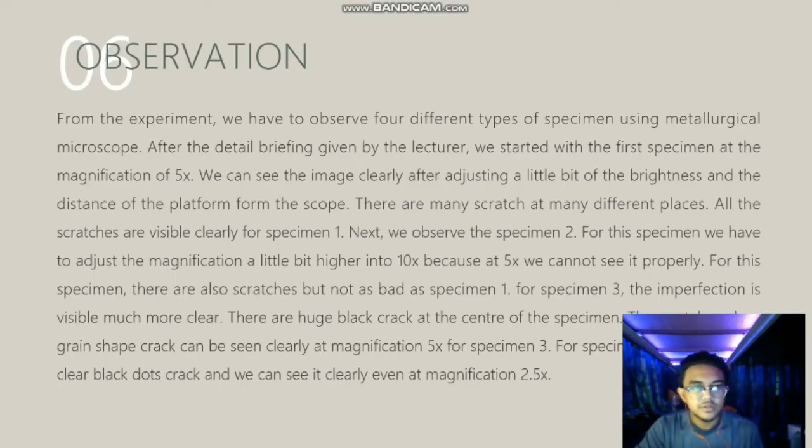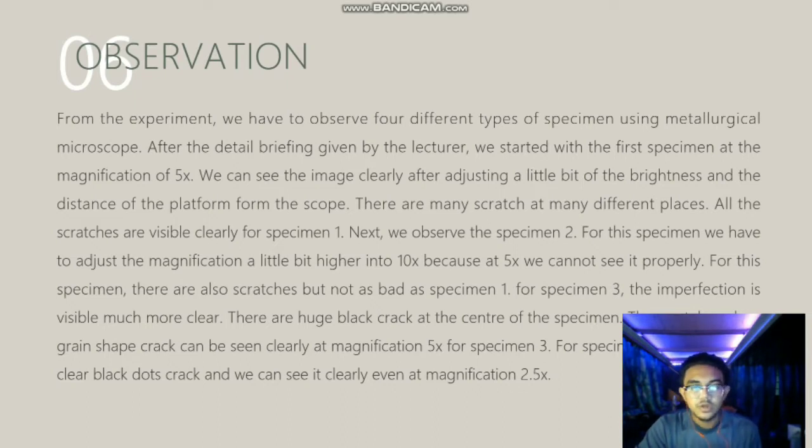For the observation part, from the experiment, we can observe 4 different types of specimen using the metallurgical microscope. After the detailed briefing given by the lecturer, we started the first specimen at the magnification of 5 times. We can see the image clearly after adjusting a little bit of the brightness and the distance of the platform from the scope.